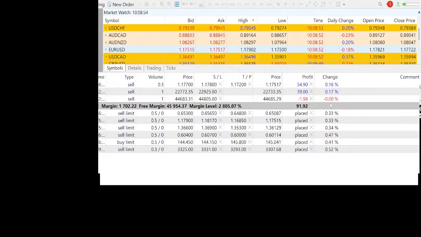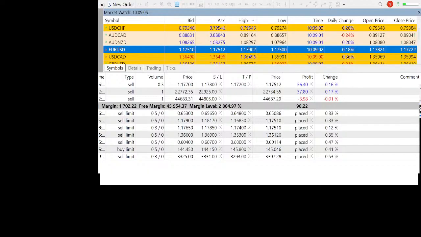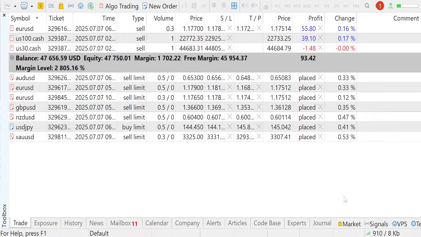We'll put it as 40, and the expiry is just about 1 to 2 hours, so we'll put it as 12. So this is your additional trade which we have put in. This is the add-on entry.